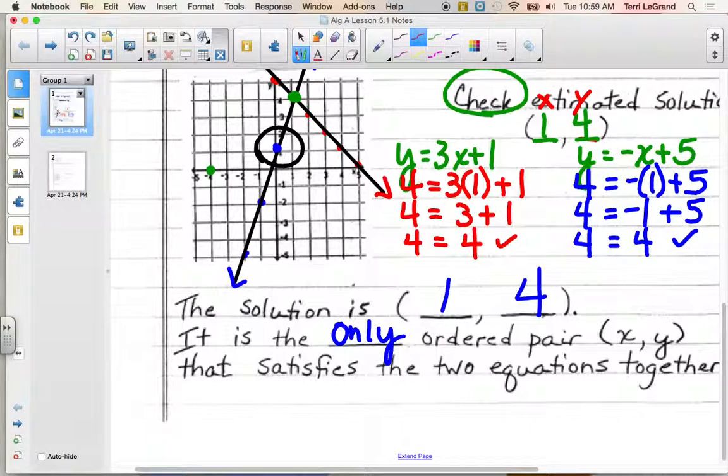And what's missing from the equation in a horizontal line? The x's are missing because 0 times x, they're gone, remember? So when you have y equals a number, you have a horizontal line, right? With no x's in the equation, horizontal line.